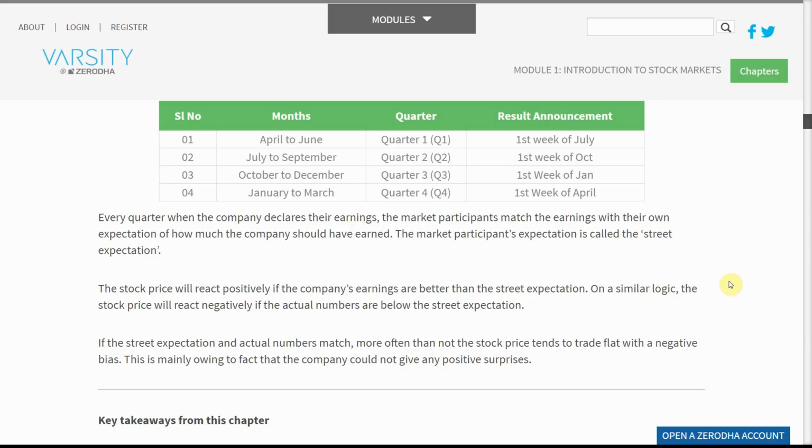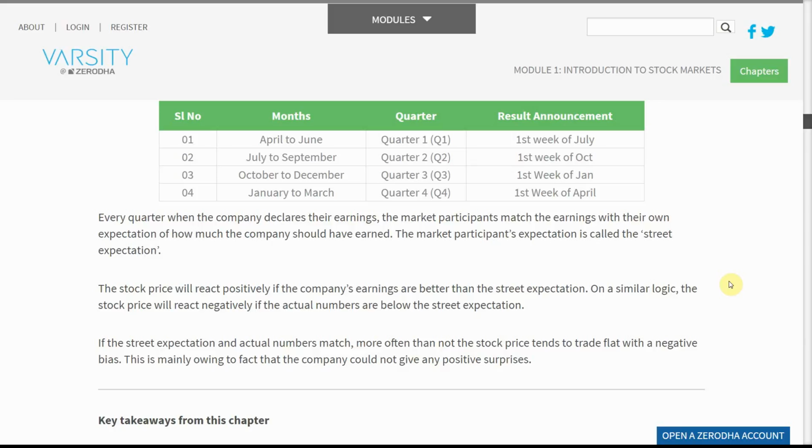Every quarter when the company declares their earnings, the market participants match the earnings with their own expectation of how much the company should have earned. The market participants' expectation is called the street expectation. The stock price will react positively if the company's earnings are better than the street expectation.